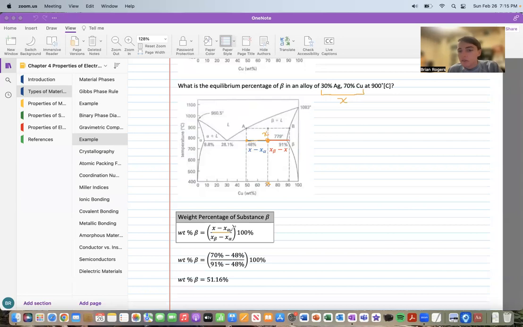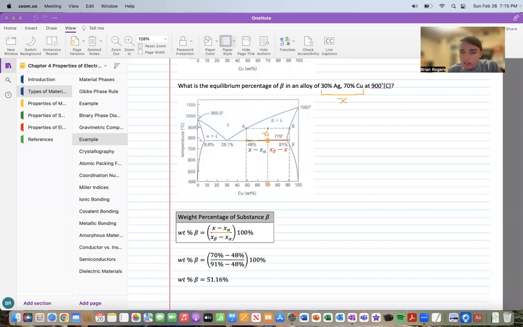Within this diagram, your alpha is going to be one substance, remember, and your beta is the other substance. So we're going to have to determine which one is which specifically for this composition. But let's keep looking at the diagram, because there's one important note that we need to take into account. It's at 900 degrees Celsius.